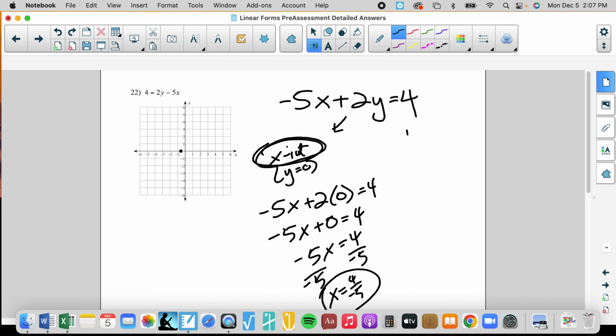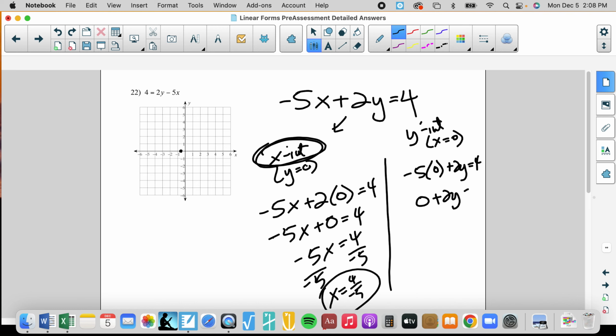Now my y-intercept, x equals 0, so negative 5 times 0 plus 2y equals 4. 0 plus 2y equals 4. 2y equals 4, divide by 2, and I get y equals 2. That's my y-intercept.